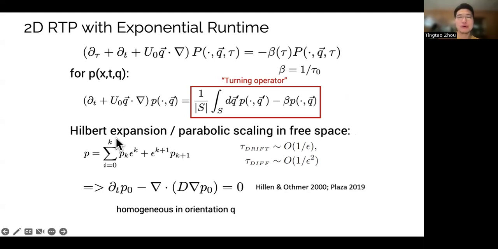When you do this, you assume some separation of time scales, and that's where the power law distribution of the waiting time comes into play. Because of the power law distribution, we cannot assume an integer order of the series. I have to write a fractional order series. So that's where the power law nature of the waiting time comes into the math.